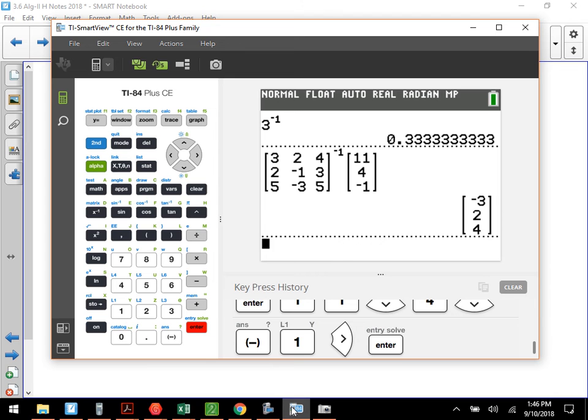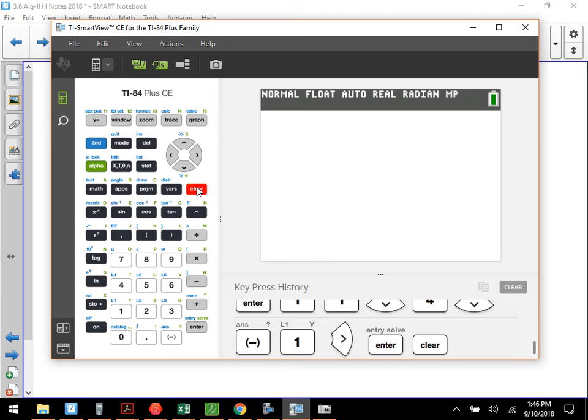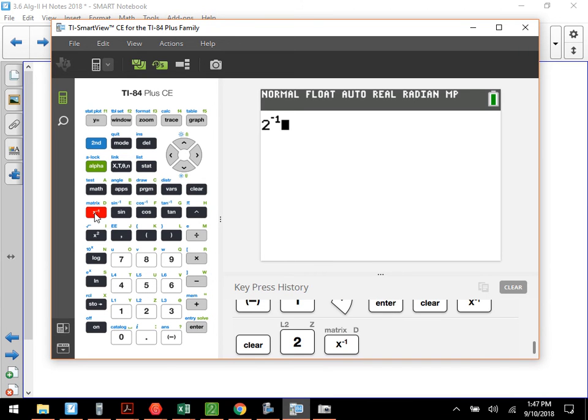You should see somewhere along there an x to the -1. You see that? That means inverse. So if you inverse a number, you basically are using reciprocal functions for it. For example, if I just do the inverse of 2, what do you think that is?